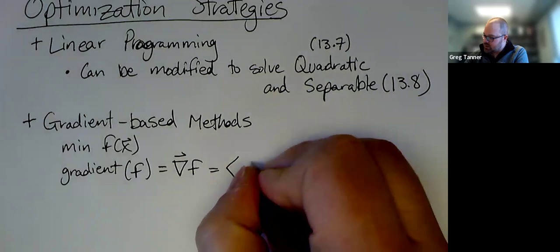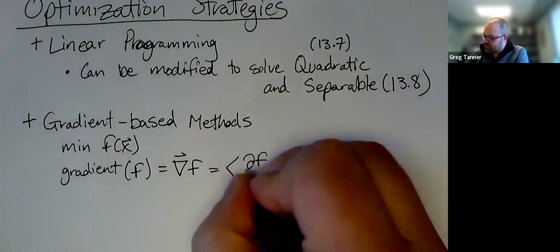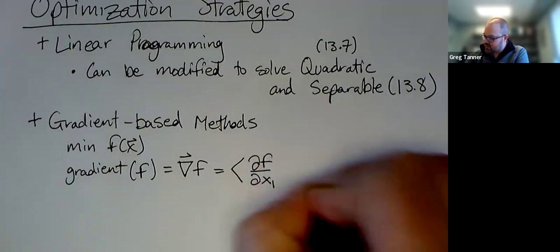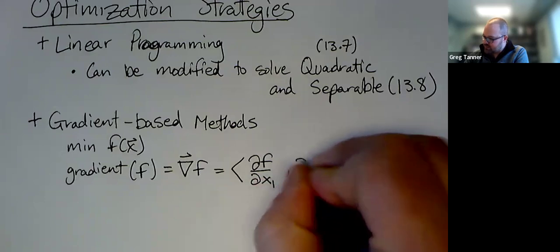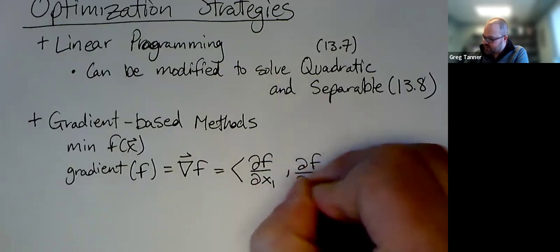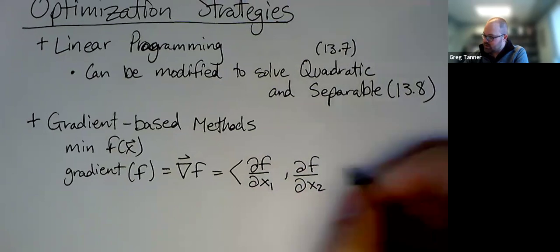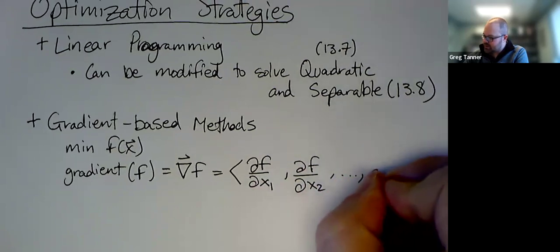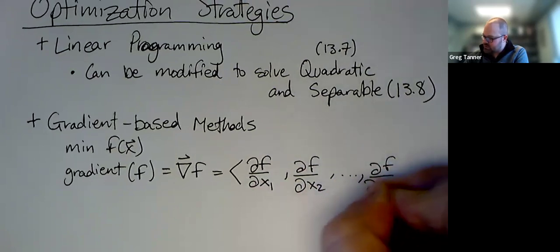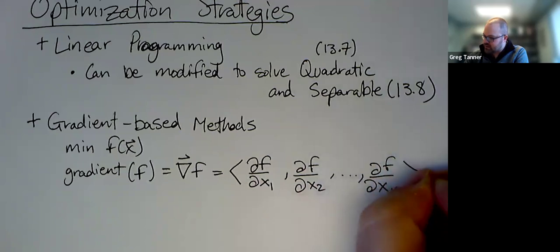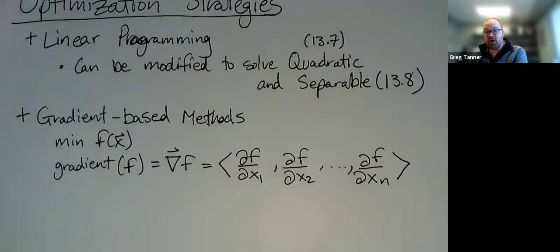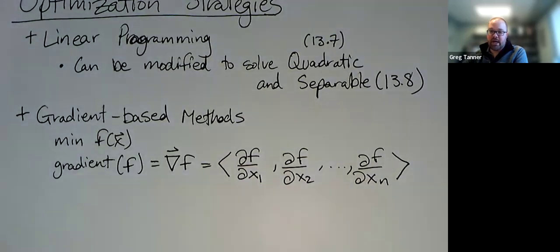And so you can take a derivative of f with respect to its first variable, and then a derivative of f with respect to its second variable, on down to a derivative of f with respect to the last variable. And these are what are called partial derivatives, which means you take the derivative with respect to that variable and treat all other variables as constants when you're doing that derivative.